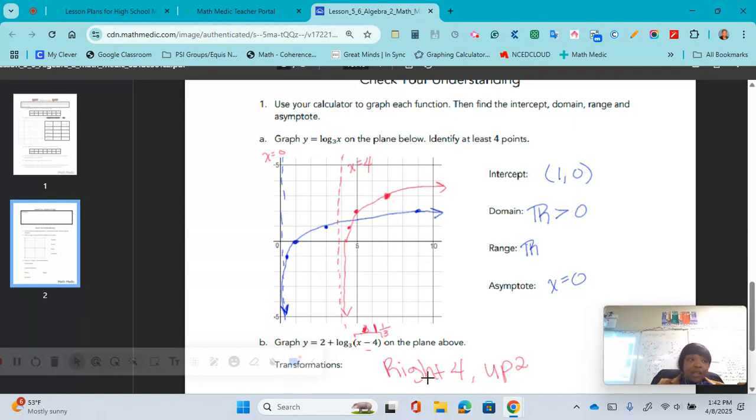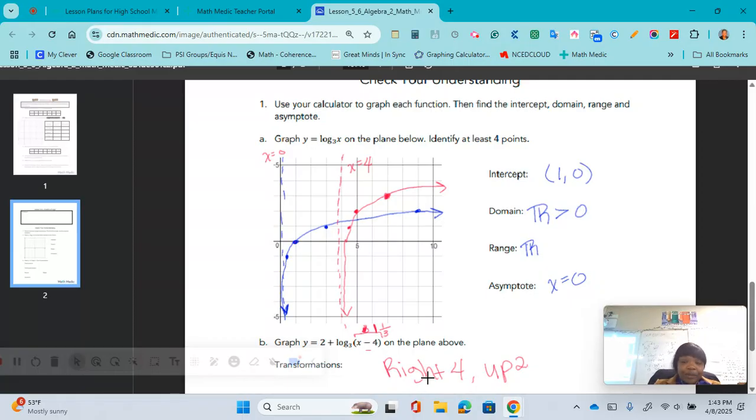So I don't move to the left towards the -4, I move to the right. That +2, I could put at the end, and that could be just like my midline. That is also called my vertical shifting.